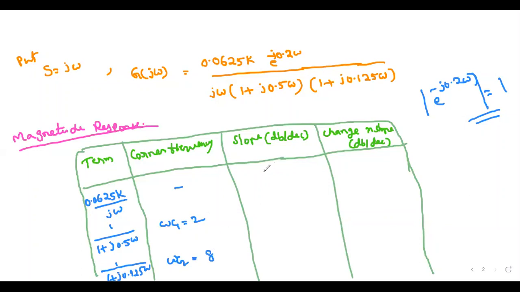Next, slope. Minus 20. Very good. Minus 20. Minus 20. Very good. Change in slope. Minus 20. Minus 40. Very good. Minus 60. Very good.